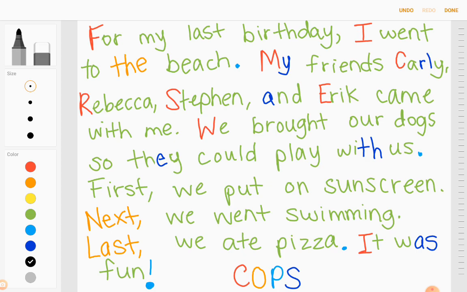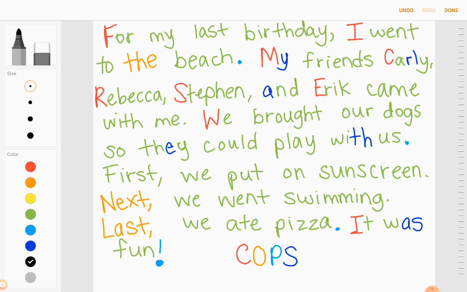Okay, so when you are using COPS to go over your own writing, feel free to use a different color to edit your work. So say you wrote in pencil and you wanted to use blue and go through and edit your work. If something was wrong, you can just use one color to edit it all to fix it.